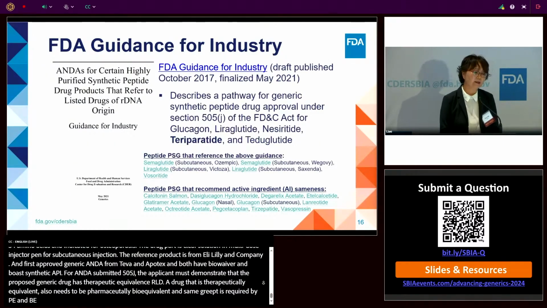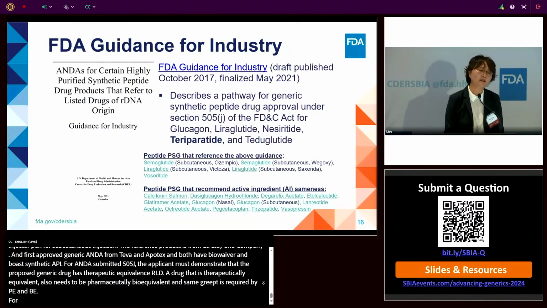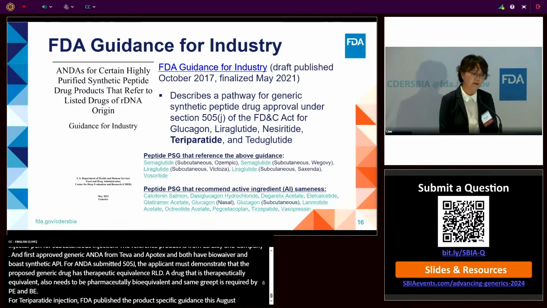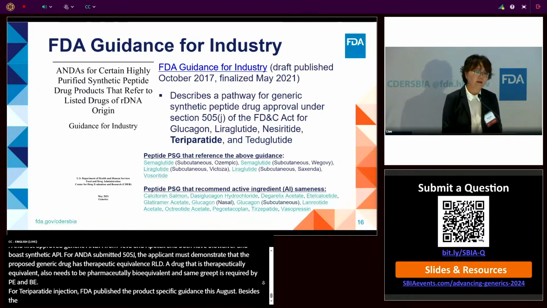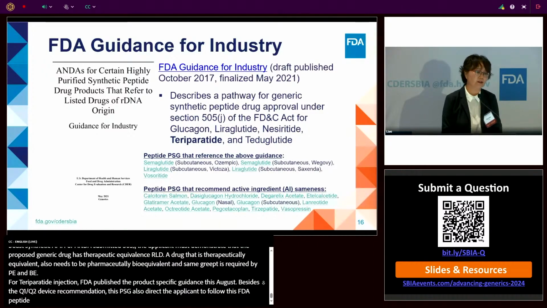For teriparatide injection, FDA just published the product-specific guidance in this August. Besides the Q1, Q2 and the device recommendation, this PSG also directs the applicant to follow this FDA peptide guidance for the quality considerations.